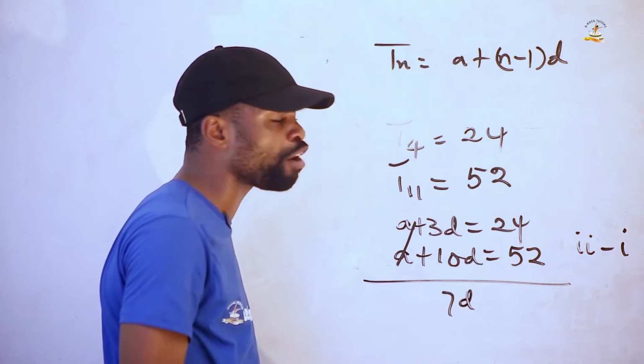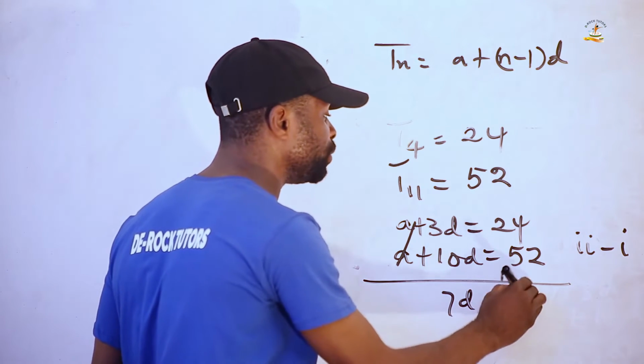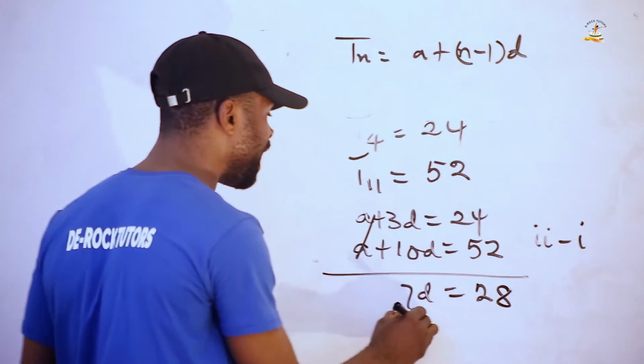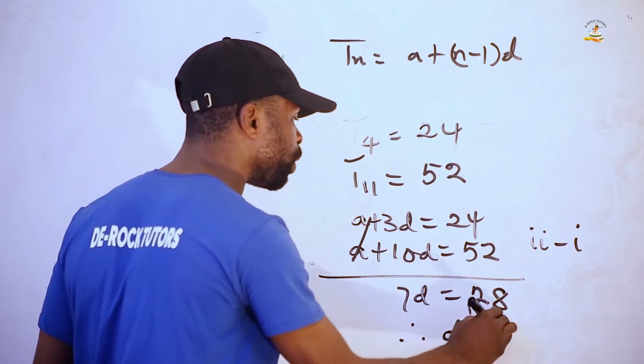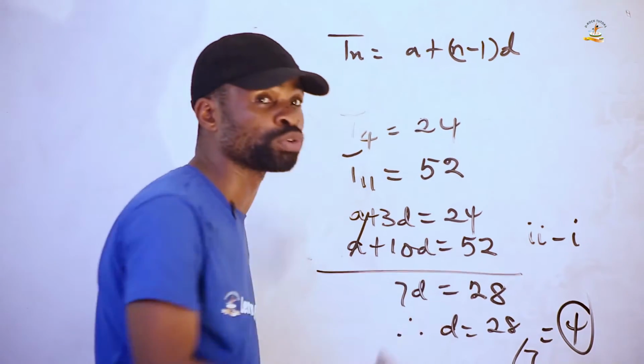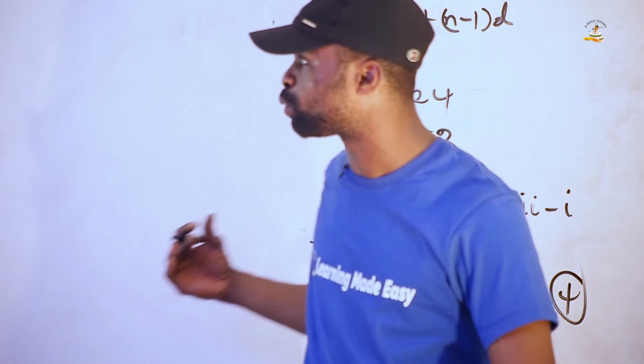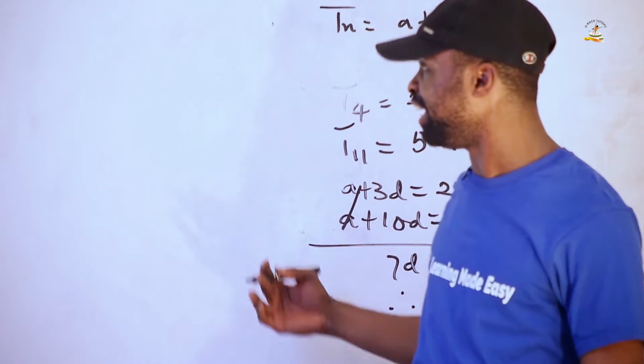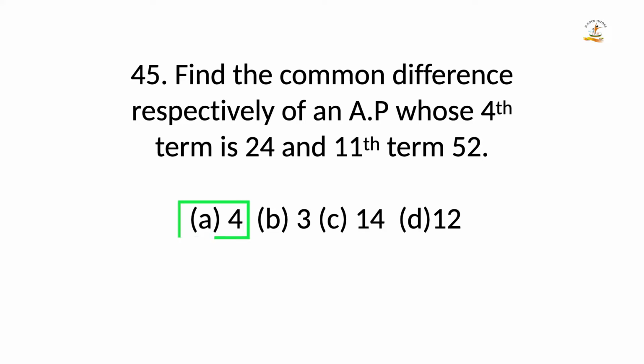If you subtract 24 from 52, what you have is 28. Therefore, D is equal to 28 over 7, which is 4. The common difference of this particular sequence is 4, and that is option A, as you can see.